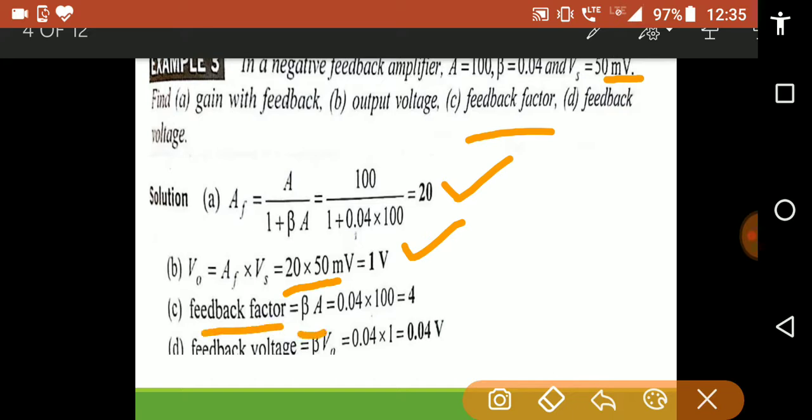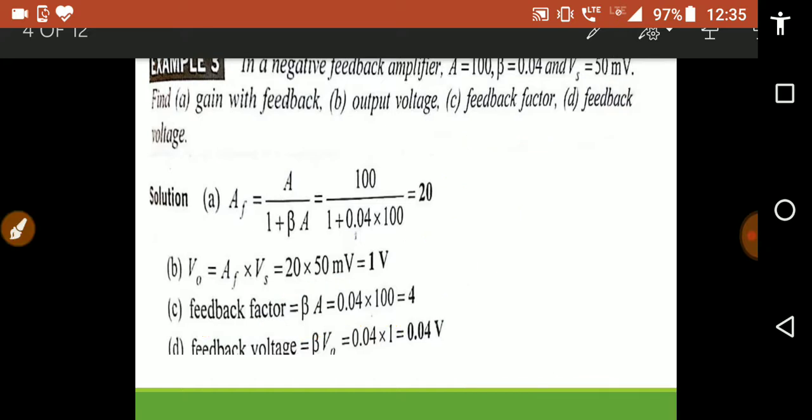So in the question, beta is 0.04 and gain without feedback is equal to 100. So beta A is equal to 0.04 into 100 equal to 4. And the next parameter is feedback voltage.